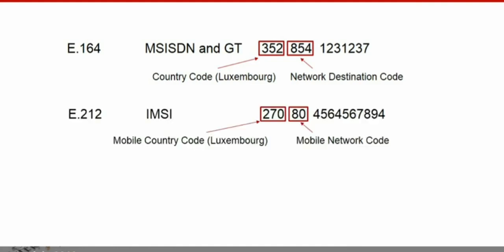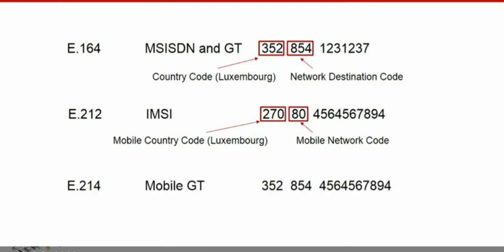The second numbering plan defines IMSI. It also consists of three groups of digits. The first one determines the mobile country, Luxembourg again. The second group determines the network within this country. And the third group is just subscriber-related digits.